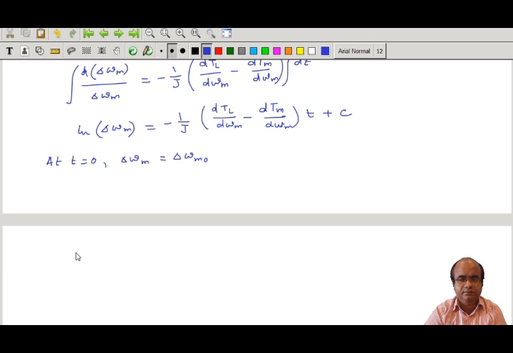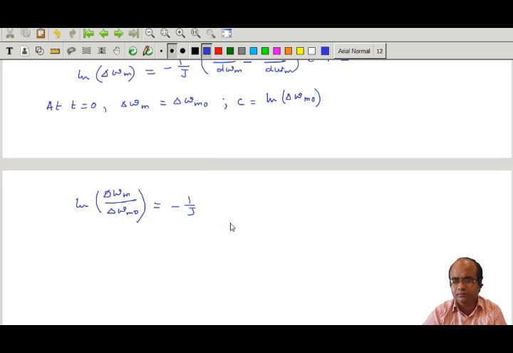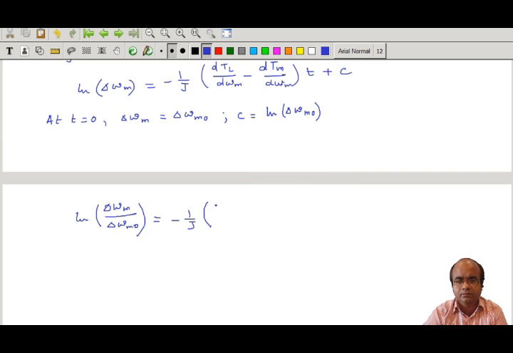From this, c equals ln delta omega m 0. Now if I put this value, ln of delta omega m by delta omega m 0 equals minus 1 by J (dTL by d omega m minus dTm by d omega m) t.